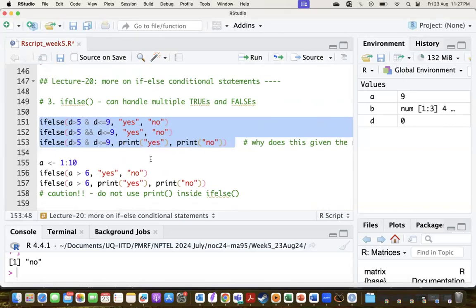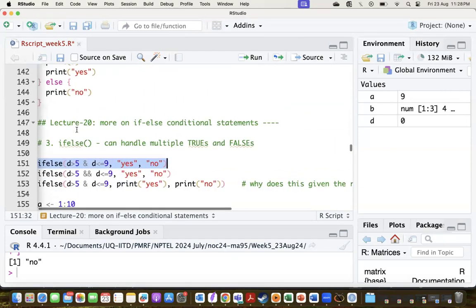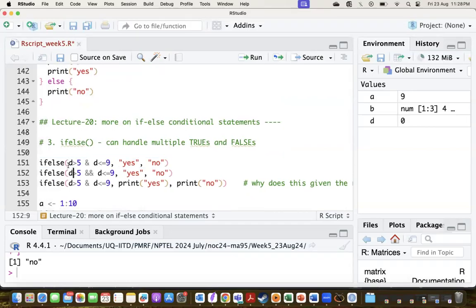So take the first line for an example. It's a very similar case to what we just saw above. Here there are three inputs you give to this command. The first thing is the condition. The second input is what to print when it's true.